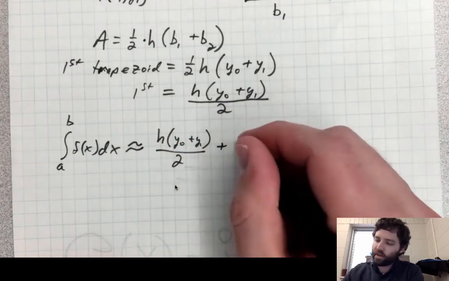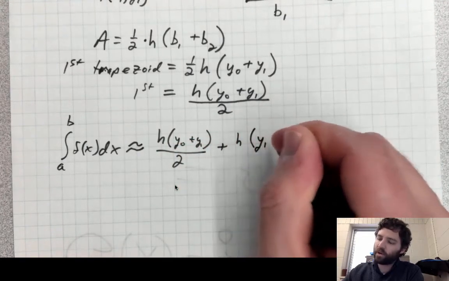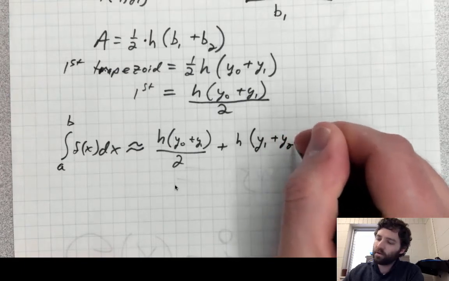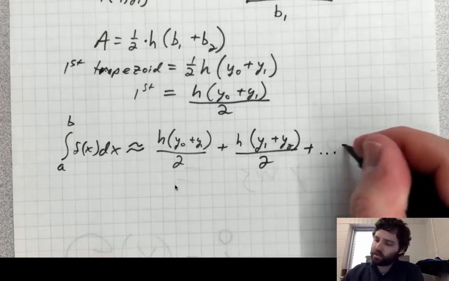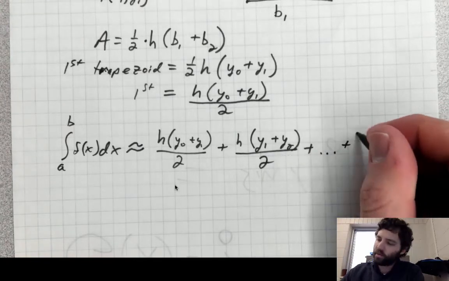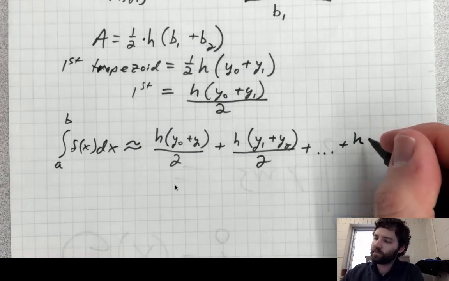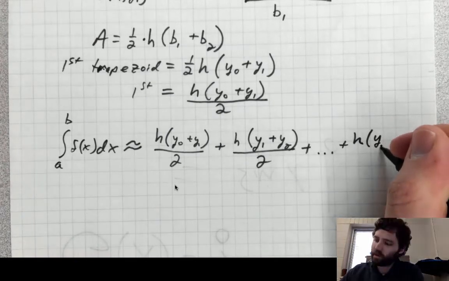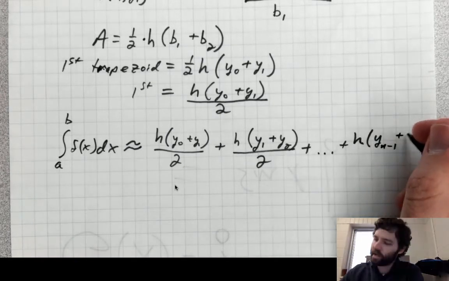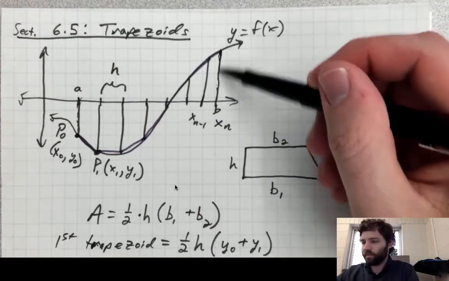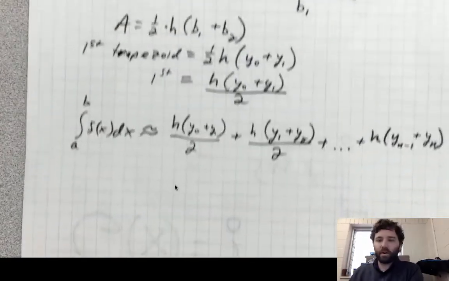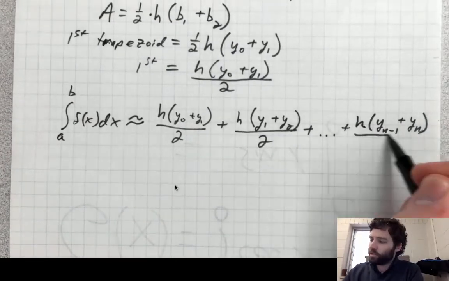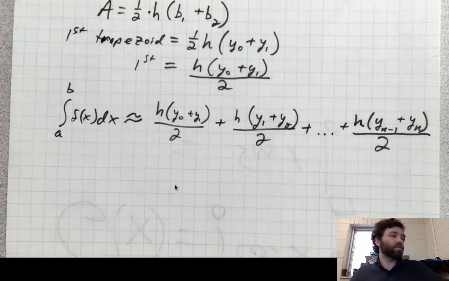Then we would add the second trapezoid, which would be h times y sub 1 plus y sub 2 over 2, plus, and this would continue on till you got down to the last trapezoid, which would have the area of h times y sub n minus 1 plus y sub n, over 2. The last base has that length, which is y sub n. And so now you can see some patterns here.